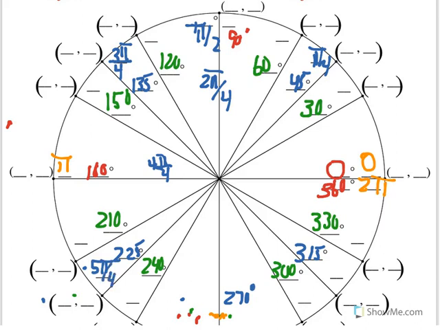Then we go down to 270 because that's 45 degrees more, and that's 6 pi over 4. But 6 pi over 4 can reduce to 3 pi over 2. Then go to 315, and we are at 7 pi over 4. And then we're at 360, or 2 pi, and that is 8 pi over 4.